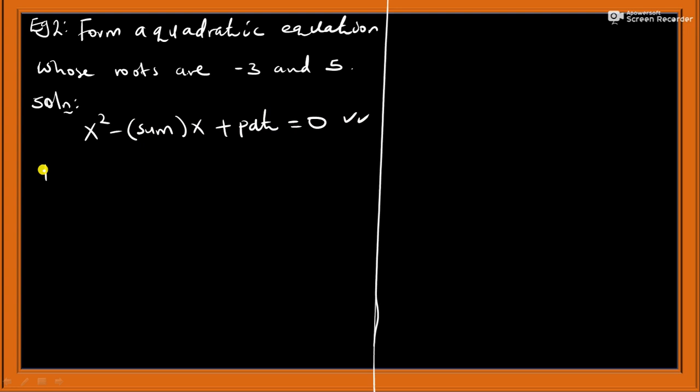So where are the roots? The roots are here. The roots are negative 3 and 5. Let's get the sum. The sum is going to be negative 3 plus 5, which gives us 2. Let's get the product.